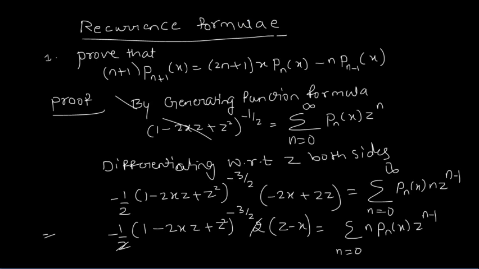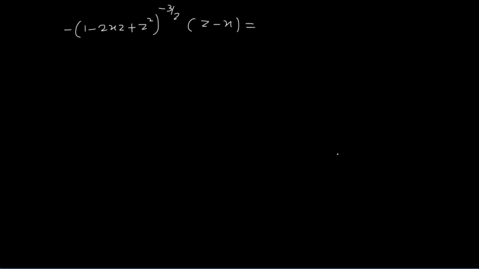Which is equal to summation from n is equal to 0 to infinity n into Pn of x into z raised to n minus 1. Okay, so this is the given. Now here this minus can be multiplied with this.